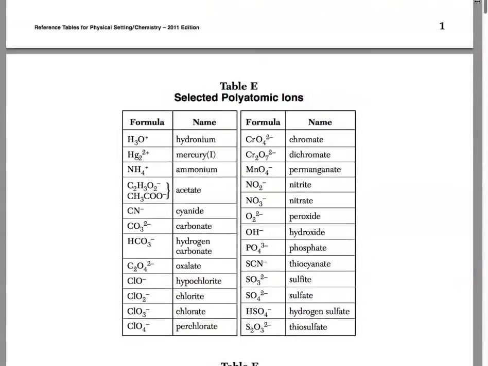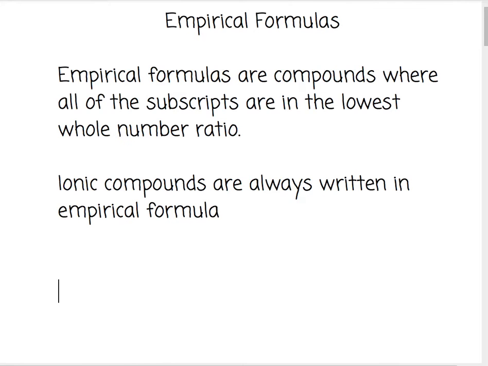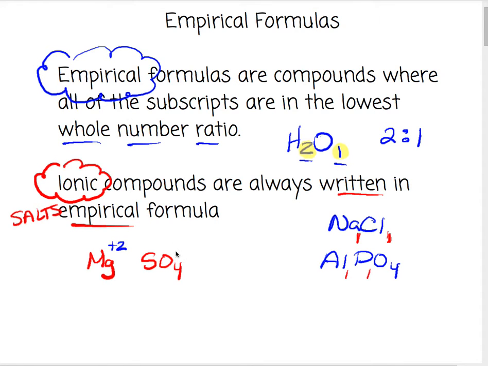Table E, let's find table E. And you see that you have SO4 minus 2. That minus 2 is your number that you're going to use for the crisscross method. So let's bring back our page and our notes. And we're going to put a -2 on this sulfate.